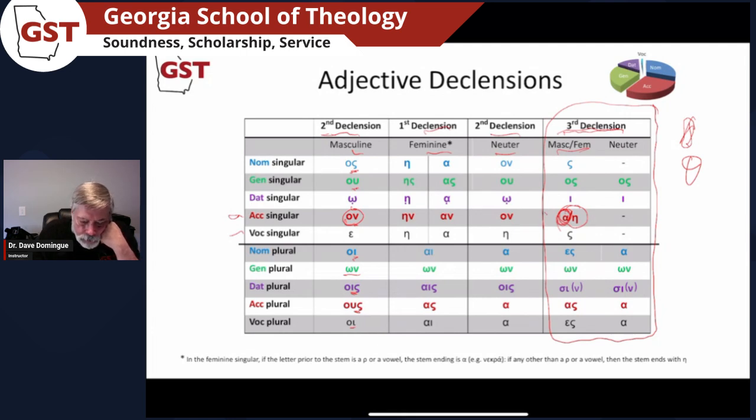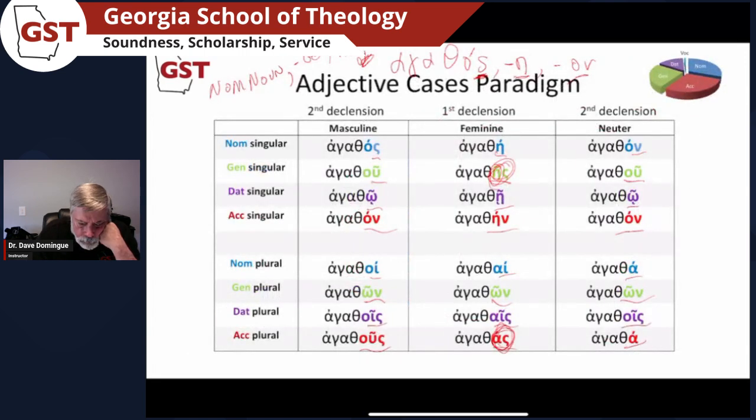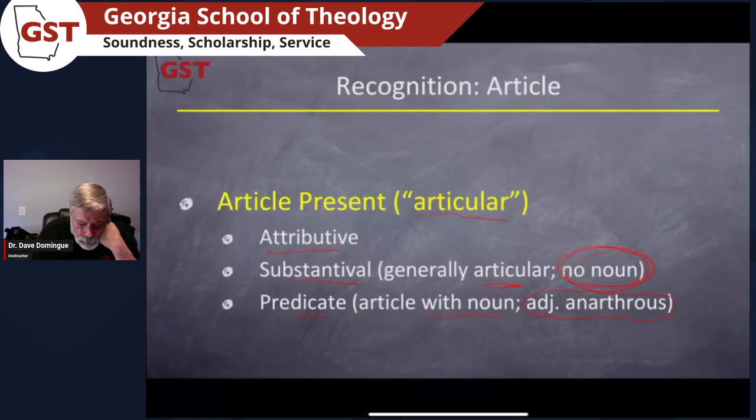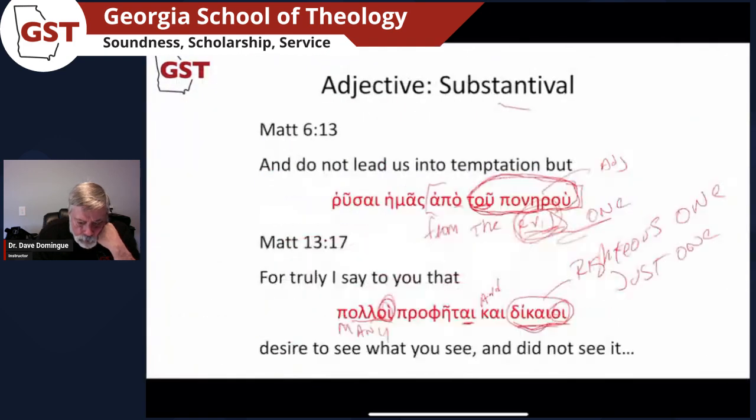So it is an accusative. No, what's the nominative singular? Sigma. Okay, sigma ending. Alethes. For the feminine, the letter prior is a rho or a vowel, the stem ending. This is just for the feminine stuff here. Alethes. It is a nominative singular.